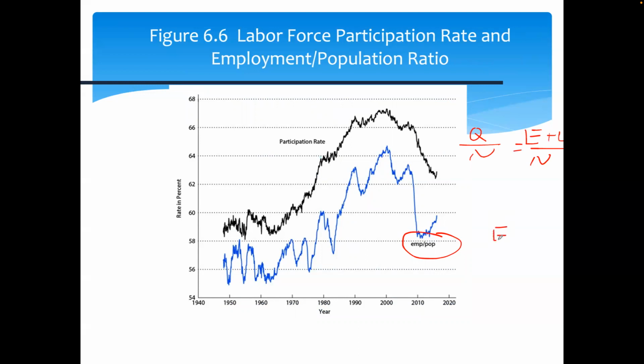This is E divided by N, employed divided by population. So certainly these are going to catch up with each other. The only difference is that sometimes U is going to rise or fall, so it reflects the fluctuation in GDP.